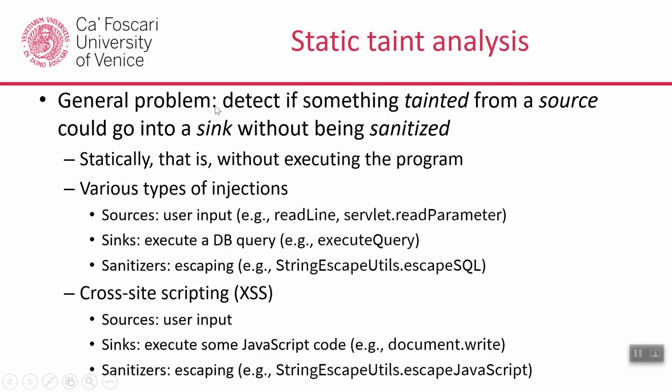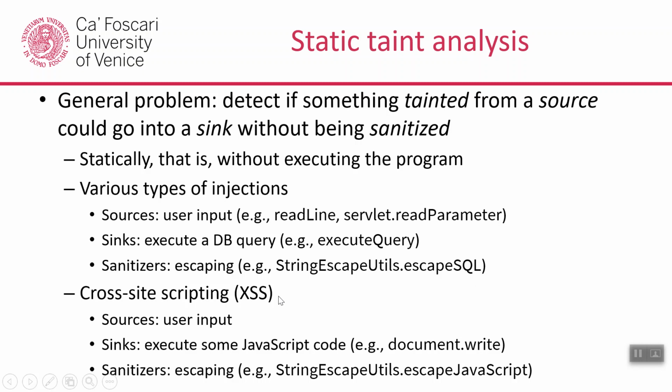When we are dealing with SQL injection, taint analysis is phrased as something like: we want to detect if something that is coming from user input, so from APIs reading user input, like, I don't know, readLine, rather than reading parameters of a Java servlet, could flow into a method executing a database query, like executeQuery, for instance, without being properly escaped. So using common APIs or by manually checking the content of the string and adding the proper escaping with respect to the SQL language.